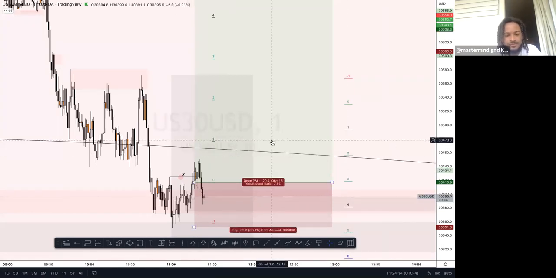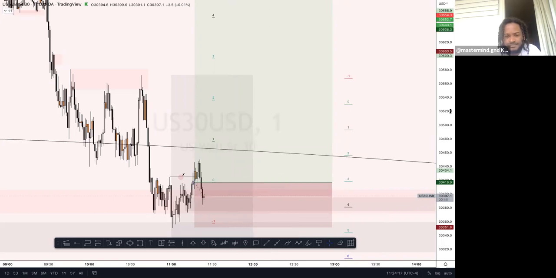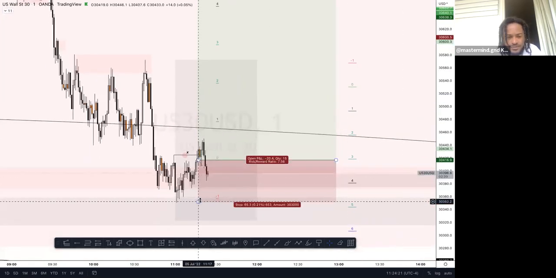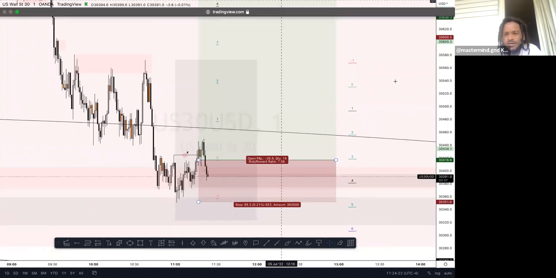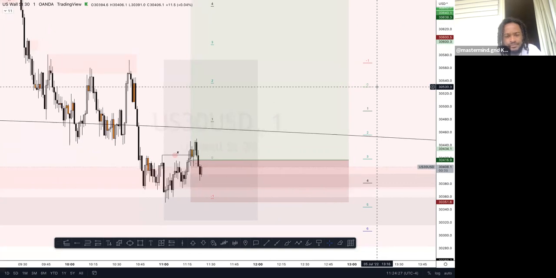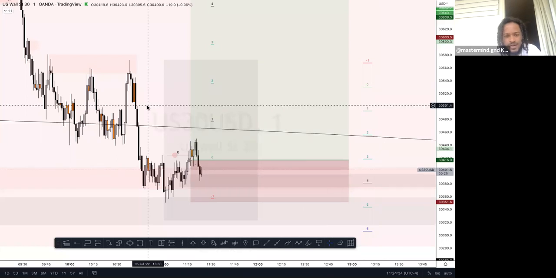Just added a second position. It stops us out. We're gonna hop off and then hop back on at 2, right? Now let's add in positions.